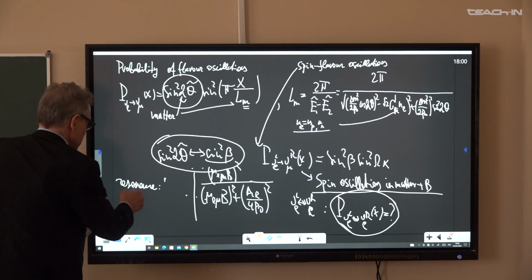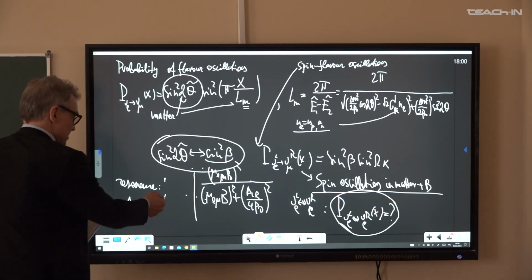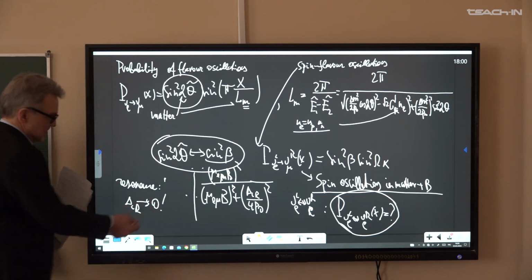In these oscillations, when delta LR comes to 0, yeah? Or, okay, this is an extreme case.